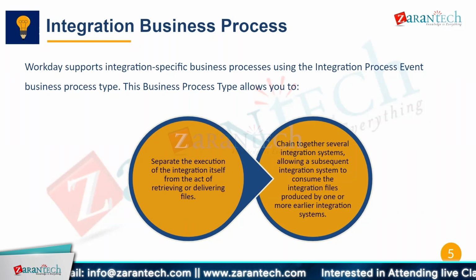So maybe your integration has multiple files that are dependent on each other, that first one needs to run, then the output is used by the second integration as an input doing the transformation, getting more data from Workday from a different instance, combining both, and so on. So if you have those chained into integration as well, you can use the business process to fire multiple integrations as well.